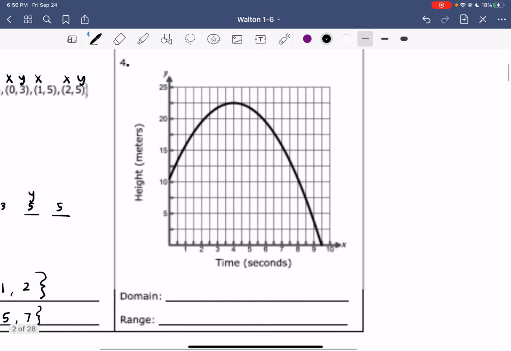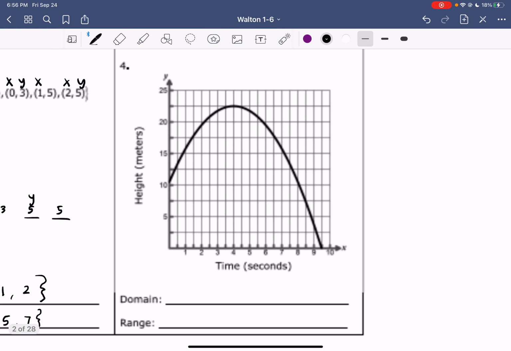All right, and number 4 we have here, we have our domain and range. So again, this is continuous. That means we're making a statement that a number is less than or equal to x, and then is less than some other number, or y, depending on the circumstance.